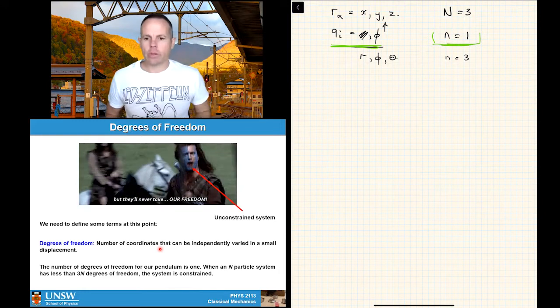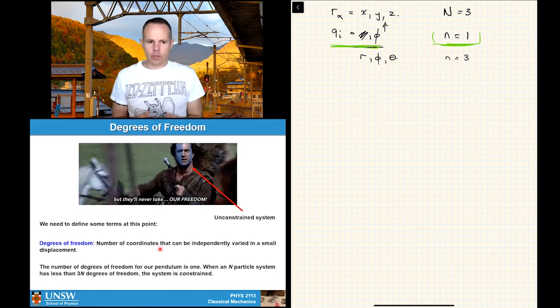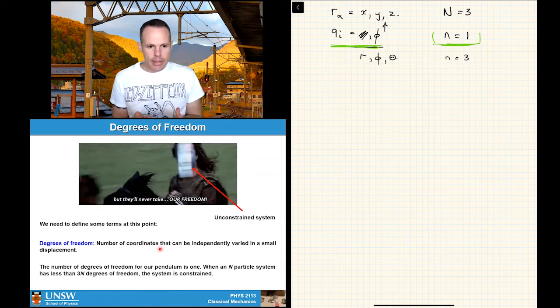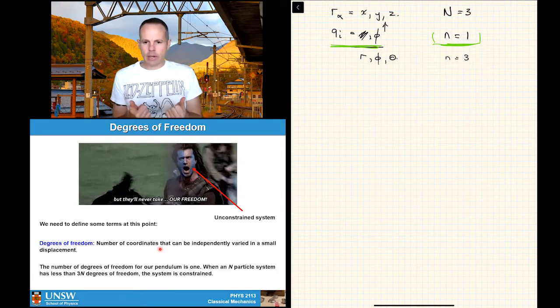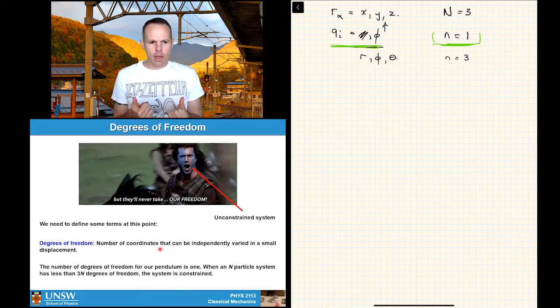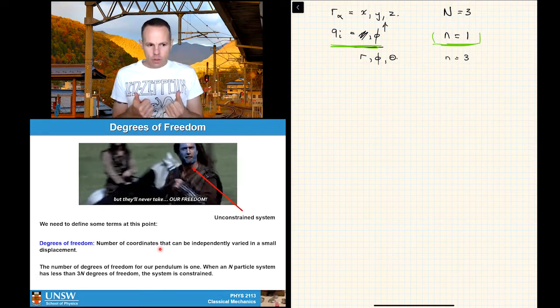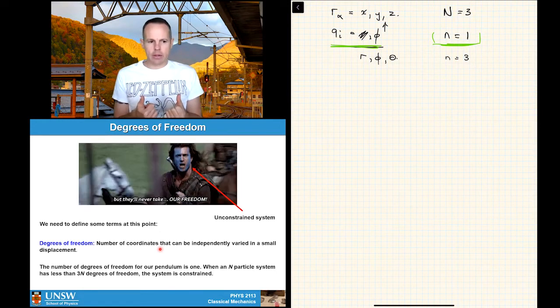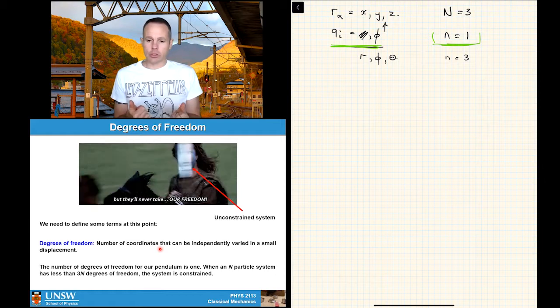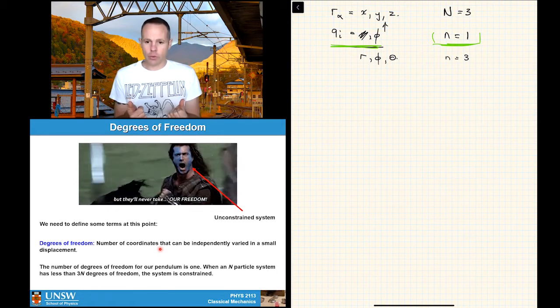And the reason why we care about the number of degrees of freedom is that if we have an n particle system, if there's less than 3n degrees of freedom, then the system is constrained, and then we have to worry about constraint forces.